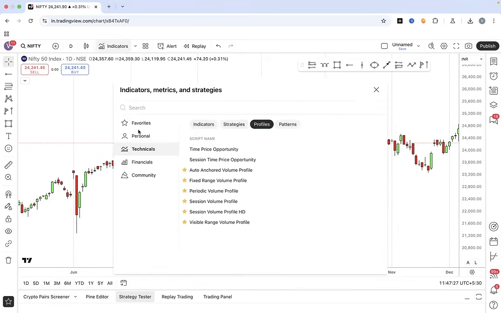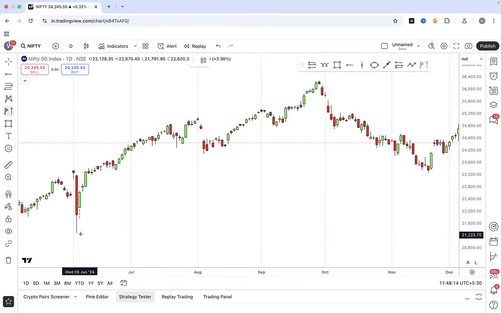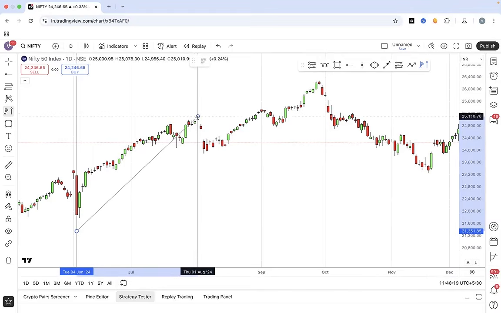Go to indicators, go to technicals. When you go to technicals, there are 4 options. You have to click on profiles. If you click on profiles, it will show you many volume profiles, but the one I am showing you here is the fixed range volume profile. Click this. Once you click here, keep your mouse on one swing low and drag it to the swing high.